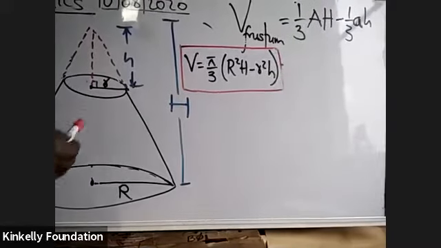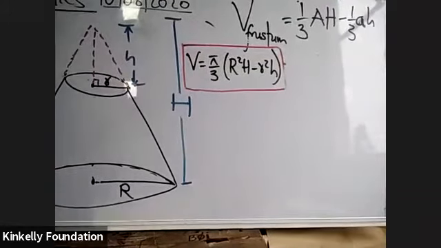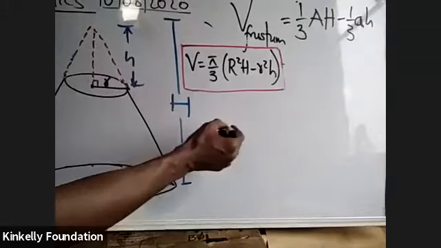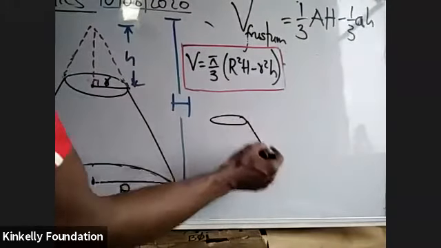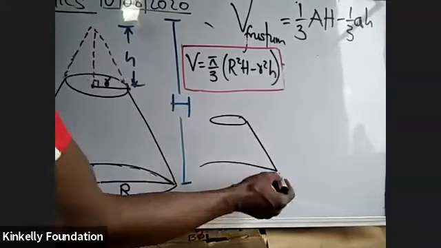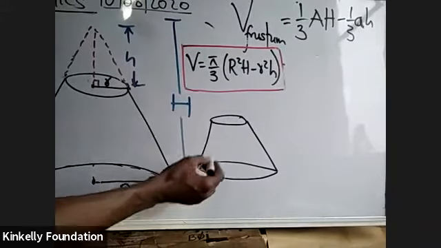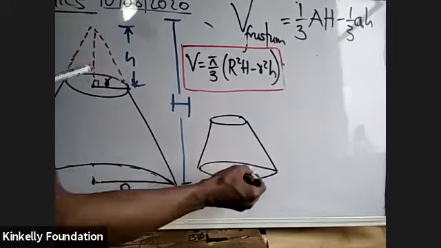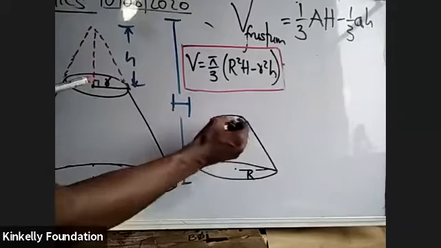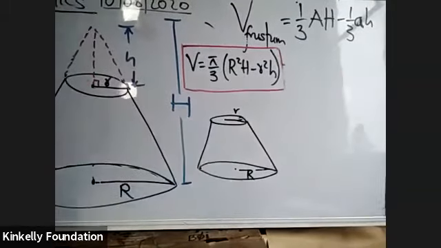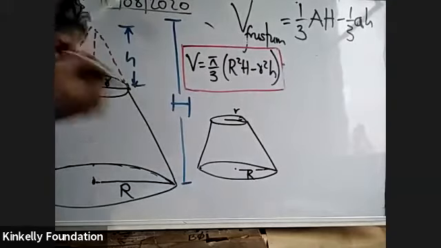When the height of the frustum is given, consider the frustum. This is the bigger R, this is the smaller r. Now, the height of this frustum has been given.